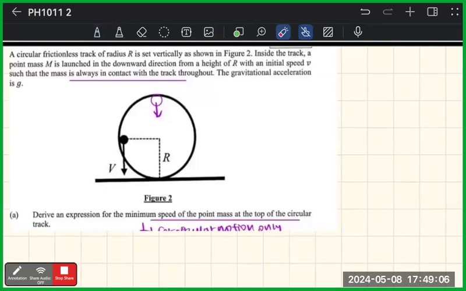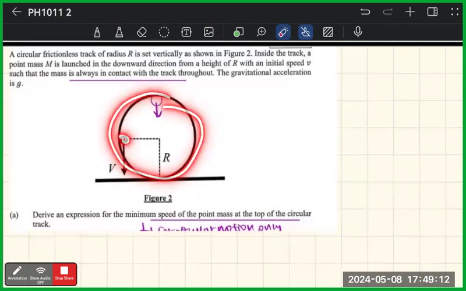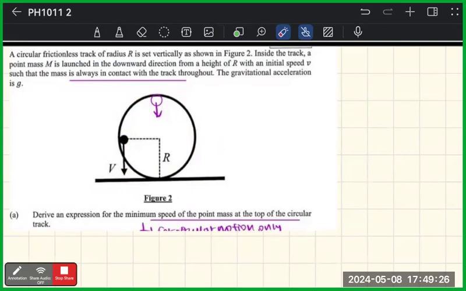So the circular frictionless track of radius r is set vertically. It's just like this, and this mass is thrown downward with initial speed v. Derive an expression for the minimum speed of the point mass at the top of the circular track. What does it mean?